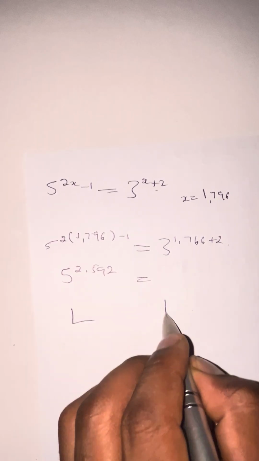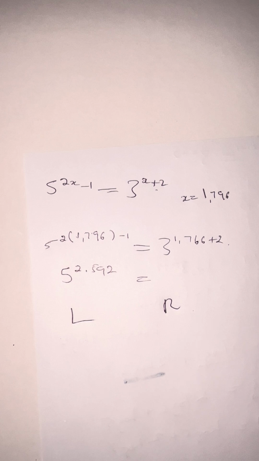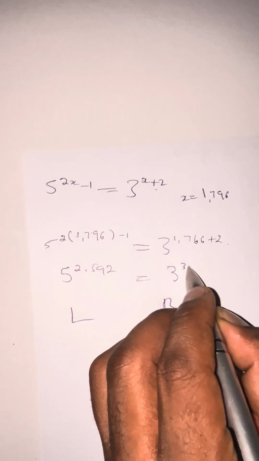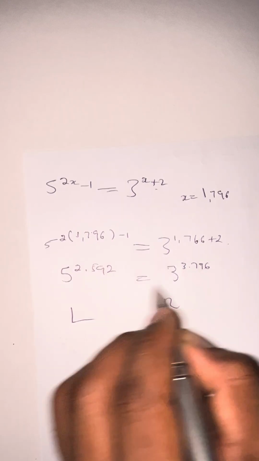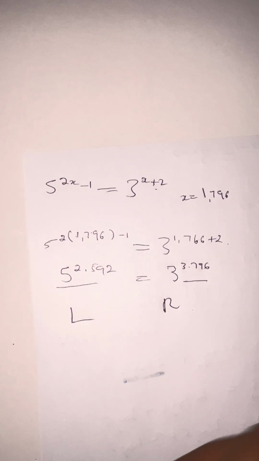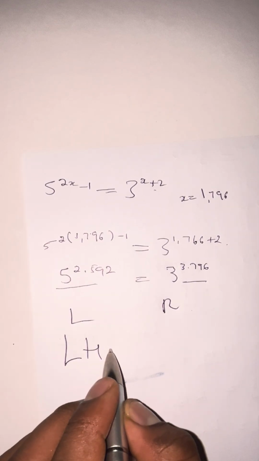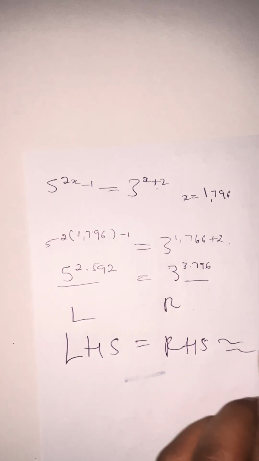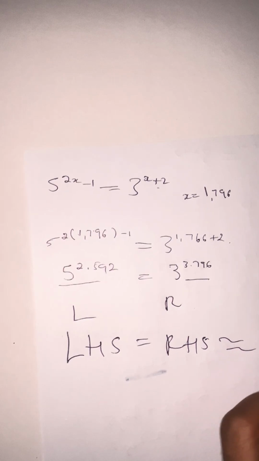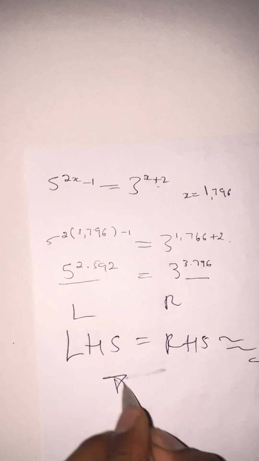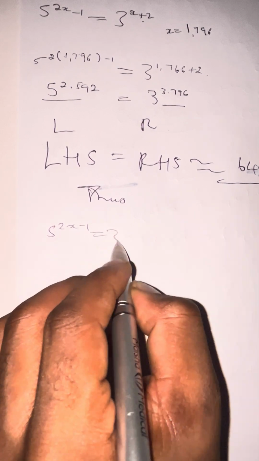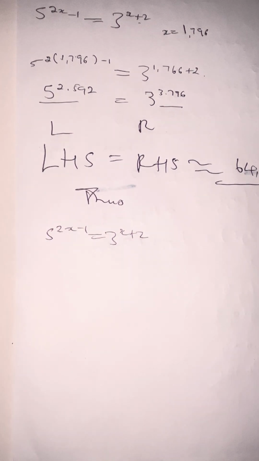Our right side is equals to 3.3796. So in conclusion, left hand side is equals to right hand side, which is equivalent to 64, thus 5 to the 2x minus 1 is equals to 3 to the x plus 2. Thank you.